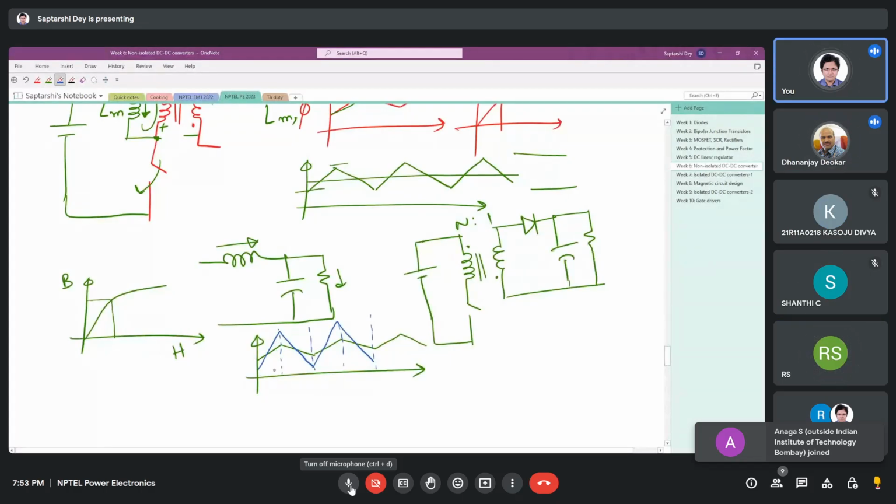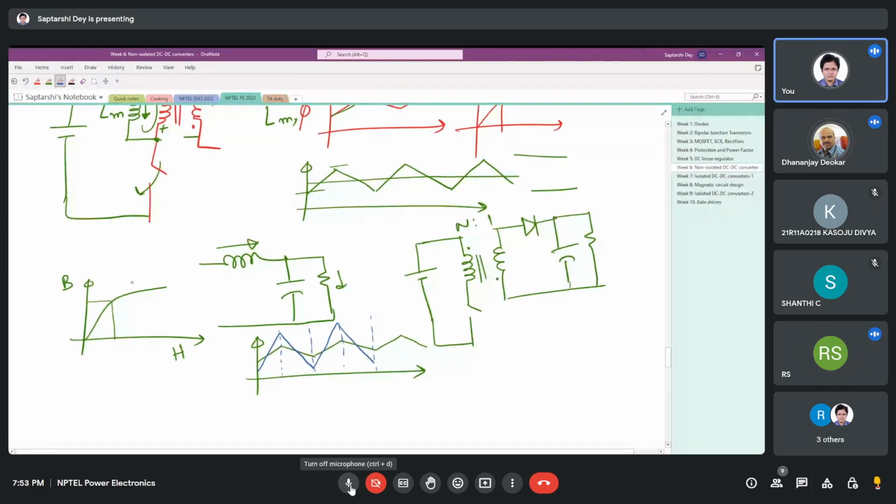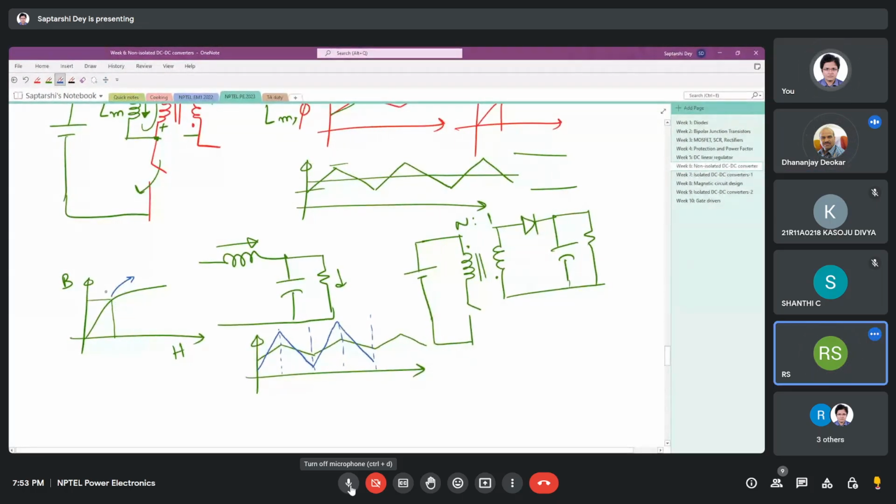Current ripple increasing means your flux in the core will also increase like this. So you have to have enough room for the flux if you do not want the B value to overshoot. To have enough room for the flux, you need a thicker core. The core we are selecting should be linear for a more extended period.